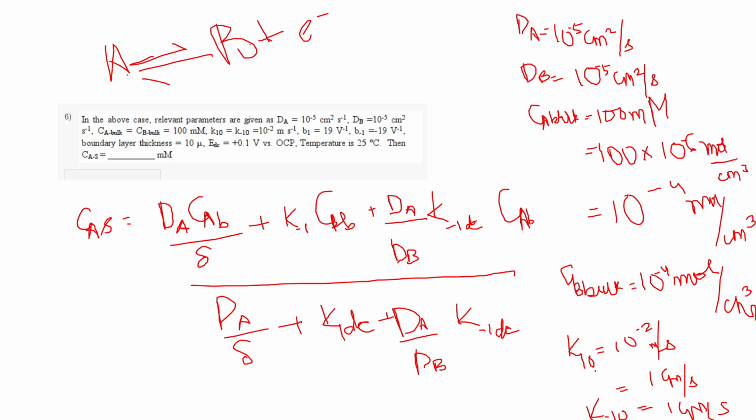Then after that, B1, B minus 1 is given directly. It's again in the unit, you don't have to convert it. 19 volt inverse and negative 19 volt inverse. Then del is given as 10 micron. So micron to centimeter, it will be 10 to the power minus 1, then it's converted to 10 to the power minus 3.